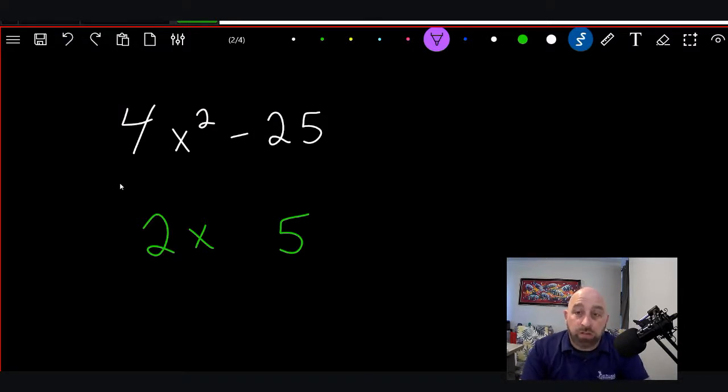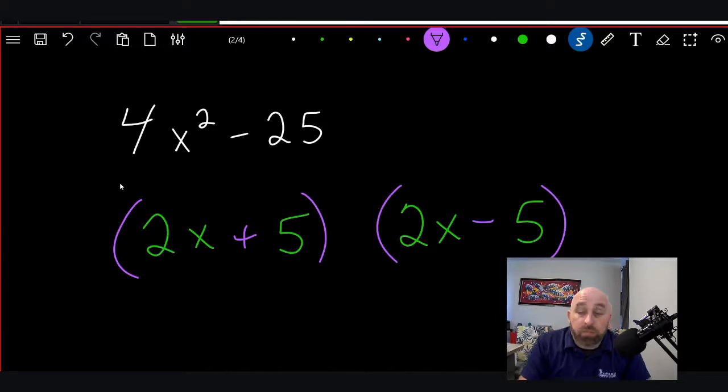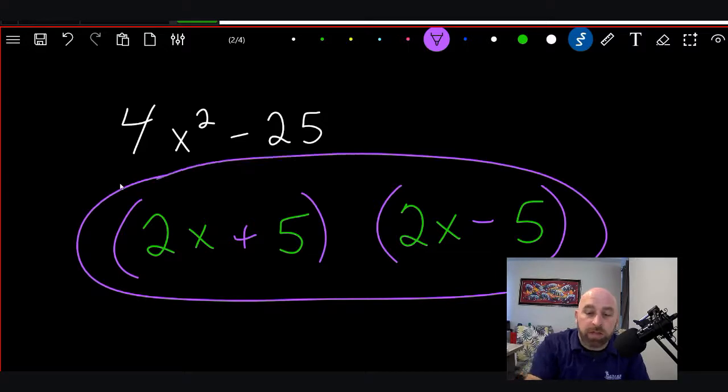Now what do we do? We turn it into a conjugate. So we're going to make one the positive, and we're going to make the other the negative. So we're just going to make a conjugate. 2x plus 5, 2x minus 5. Done. Circle that answer. That's your answer.